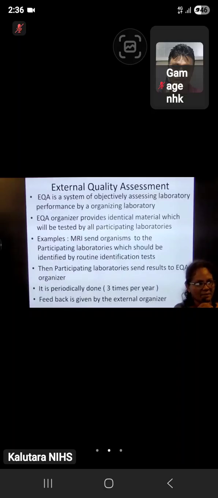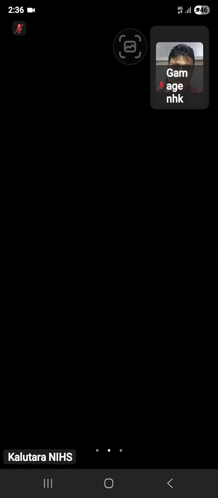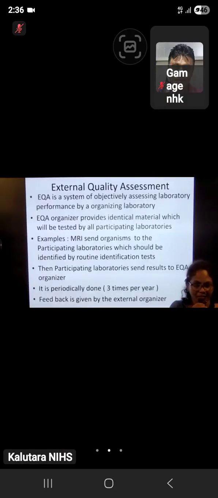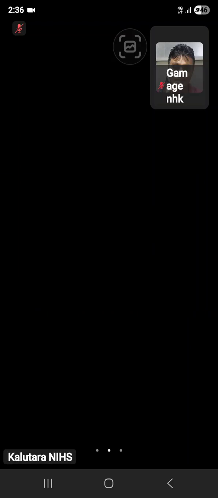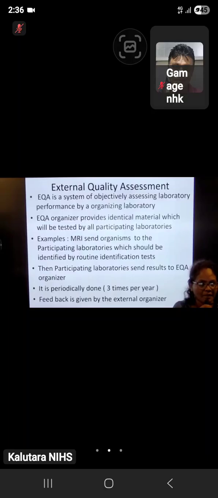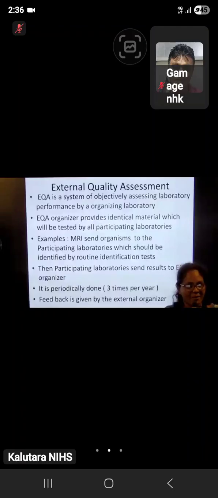The EQA organizer provides identical material which will be tested by all participating laboratories. There are a lot of members now, a lot of participating laboratories. So the EQA organizer, that means MRI, provides identical material. Actually, they assess our performances by providing material.